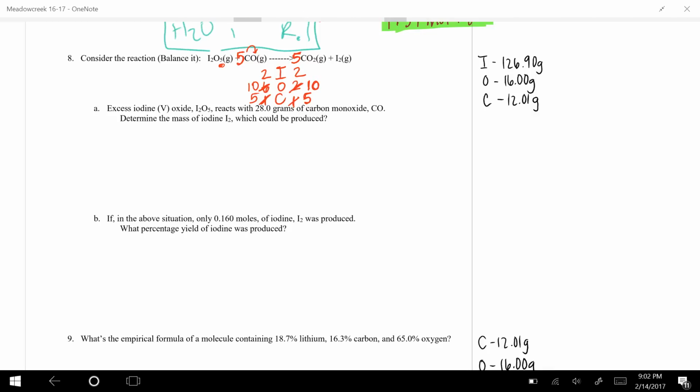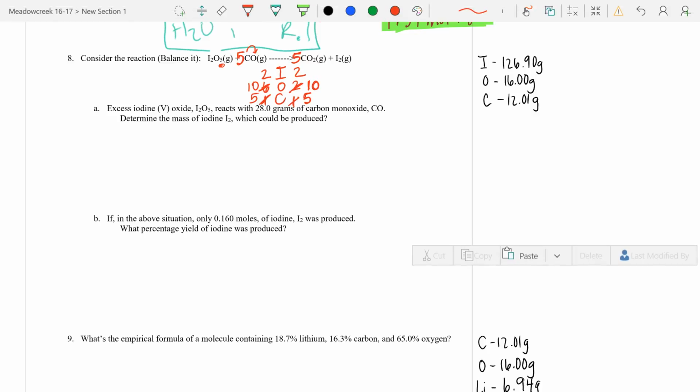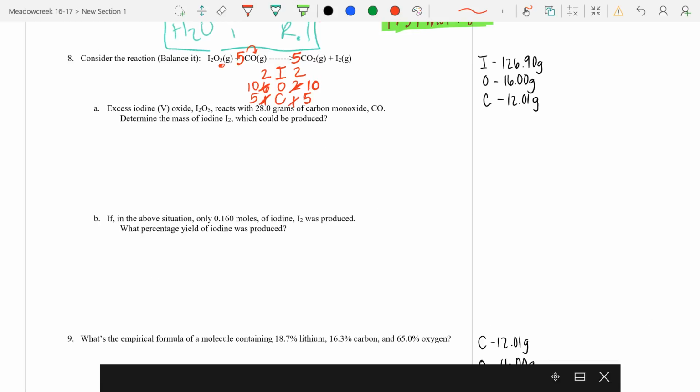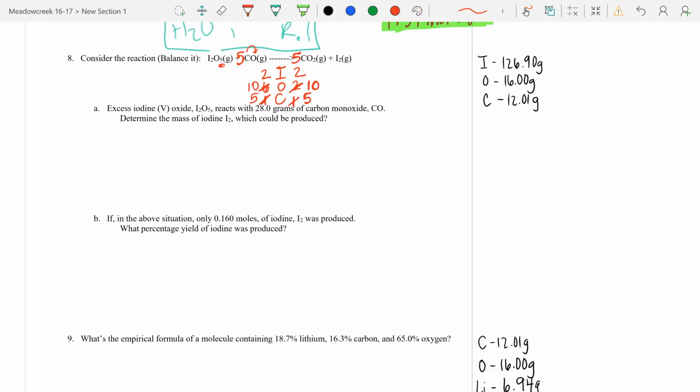So letter A says excess iodine 5 oxide, or I2O5, reacts with 28 grams of carbon monoxide, which is CO. Determine the mass of iodine which could be produced. So they have a given for us.